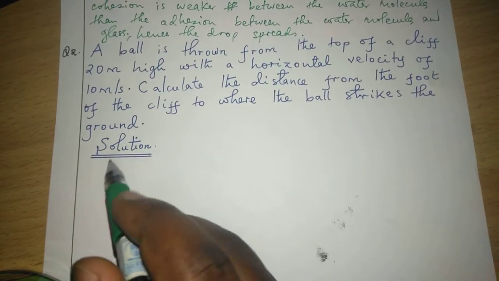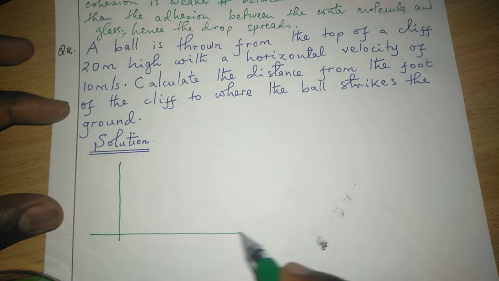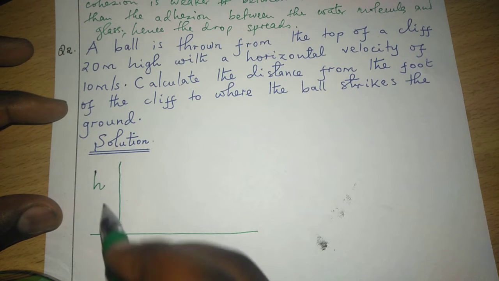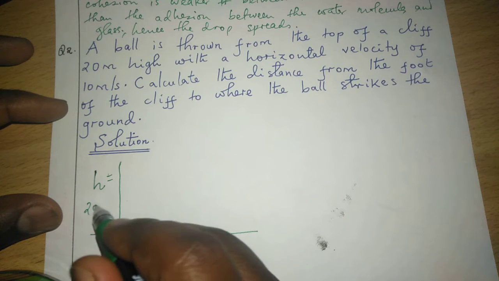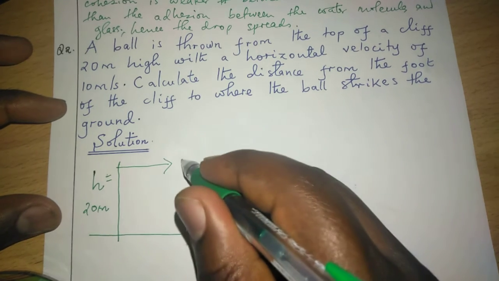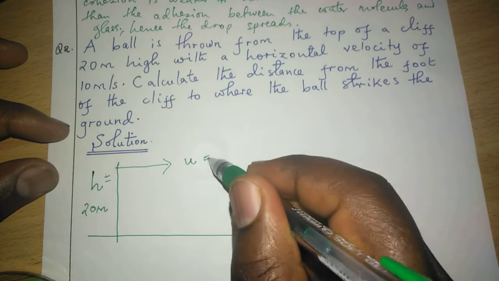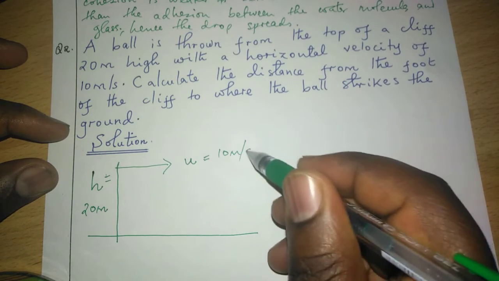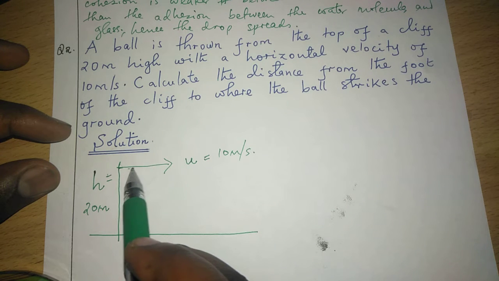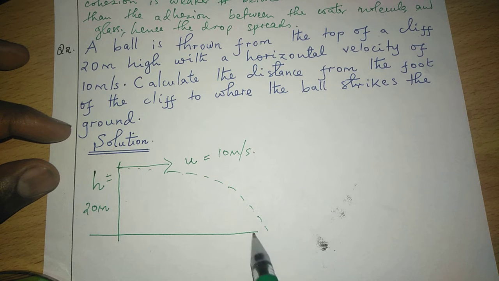So we know that for horizontal projection, if an object is thrown from a certain height, for example here we have 20 meters, and it is being thrown with a horizontal velocity, which we've been told is 10 meters per second, then this ball has to move and eventually come back to the ground.